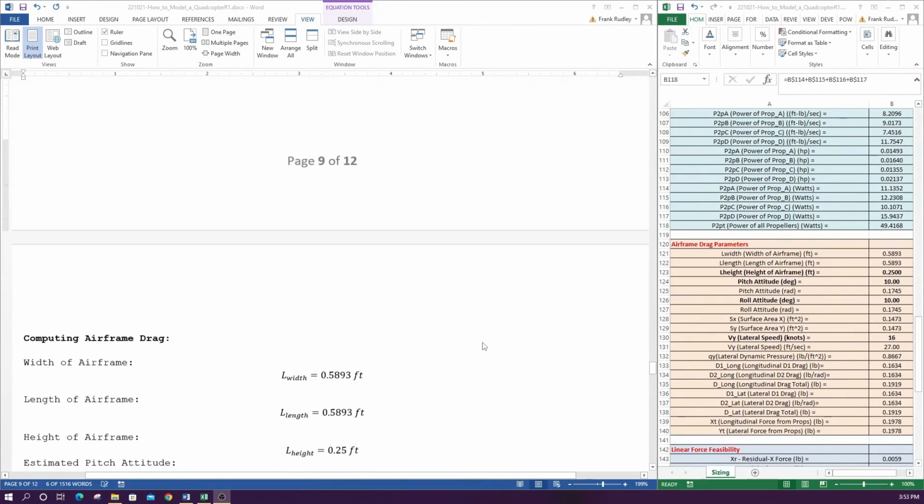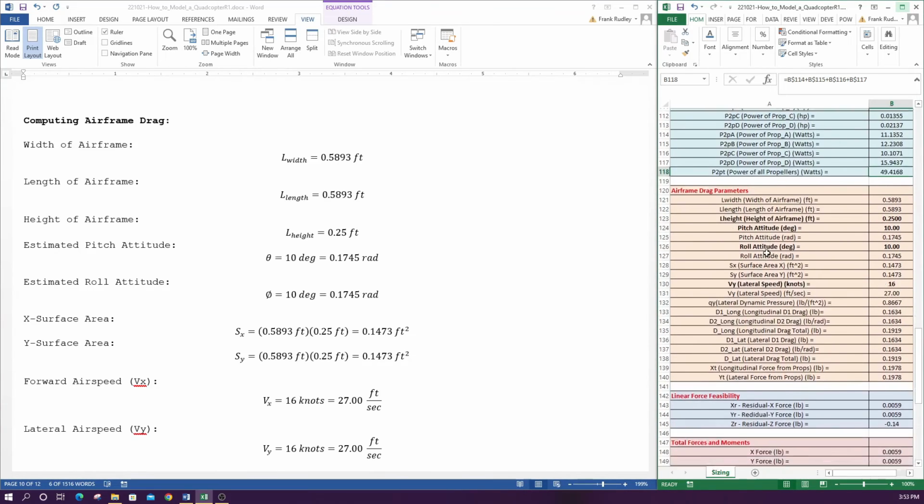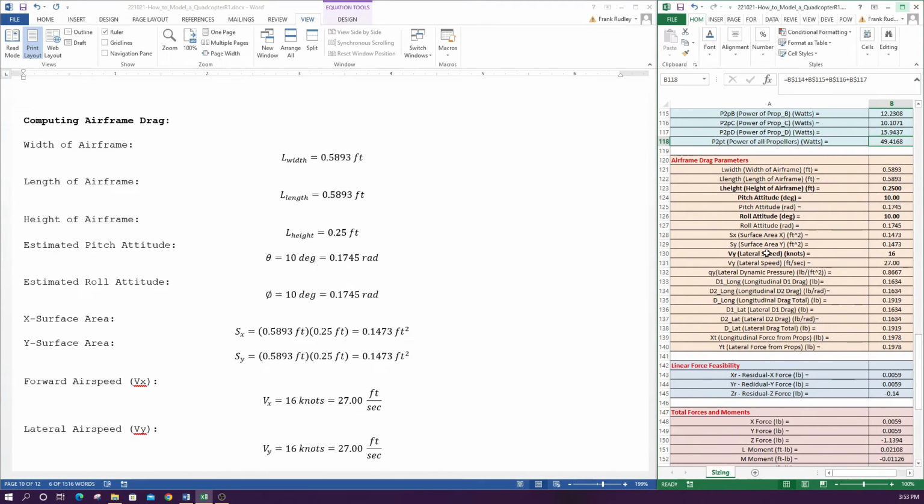The next thing we want to do is look a little bit at the performance. How do we evaluate the performance? We want to get an estimate of the drag of the airframe. Let's just see how fast we can move this aircraft. The width of the airframe is 0.5893 feet, and the length of the airframe is 0.5893 feet also, and we also have a height.